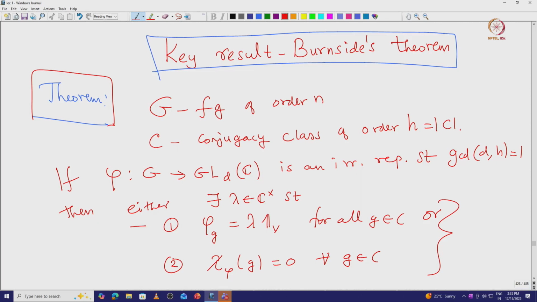Let us look at statement 1 and then statement 2. Statement 1 asserts that phi(g) is a scalar matrix for all g in C. Since the elements of the conjugacy class are all conjugate, if we take another element g' from C, then phi(g) and phi(g') are conjugate matrices, and the conjugate of a scalar must again be scalar.